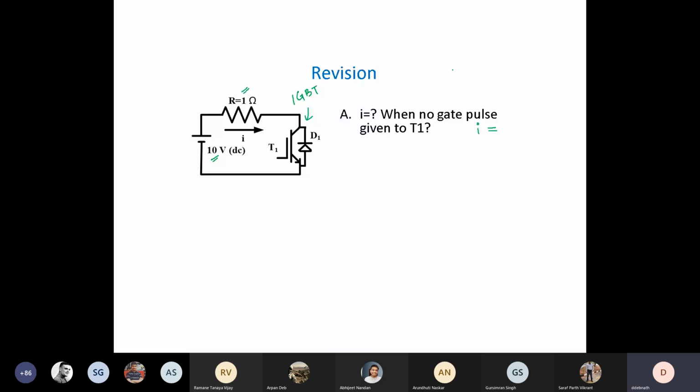Quick, quick. We don't have much time. 0. 0, right? Yeah, obviously. Because the switch is not conducting, the diode is reverse biased, so no problem. When gate pulse is provided, yeah, it will be approximately 10.